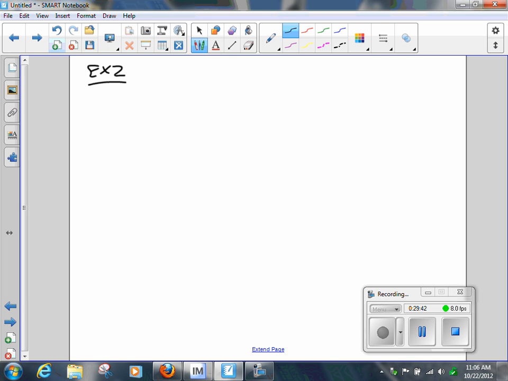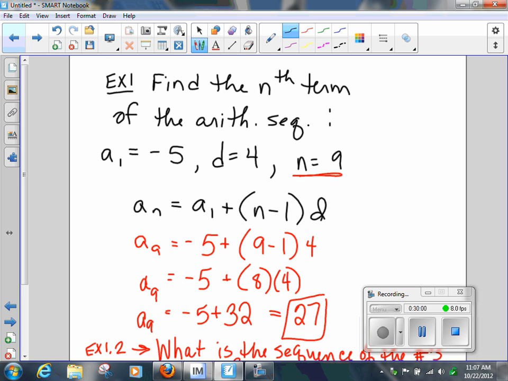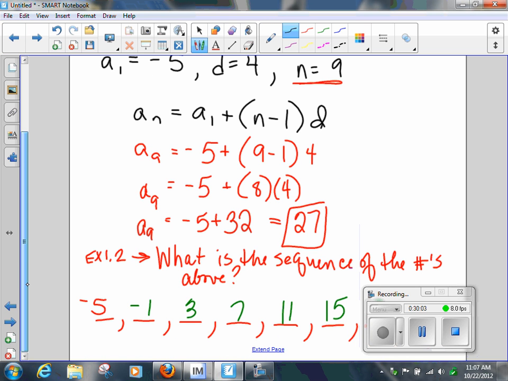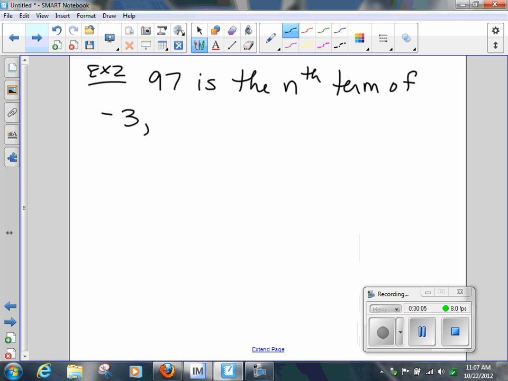Our official example 2. 97 is the nth term of -3, 1, 5, 7, dot, dot, dot.